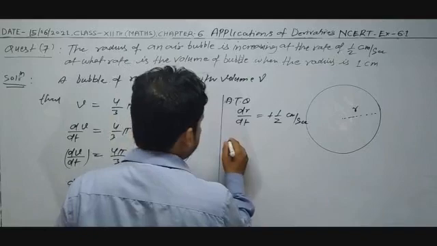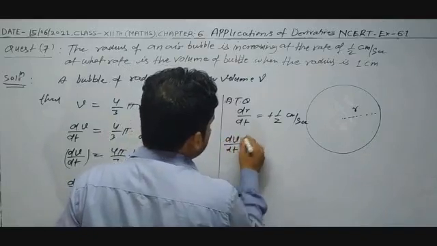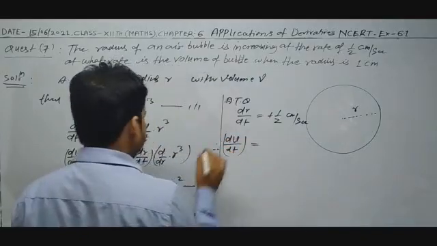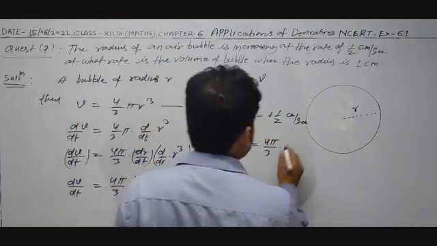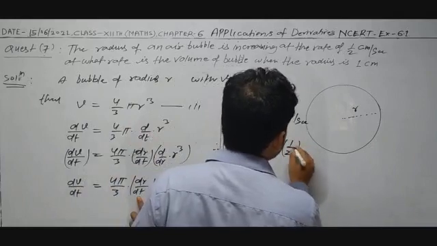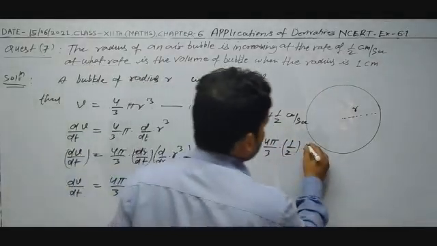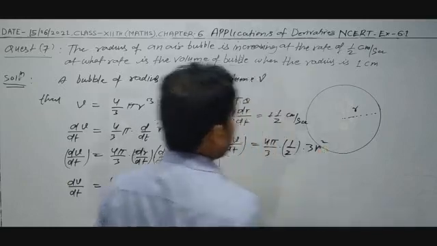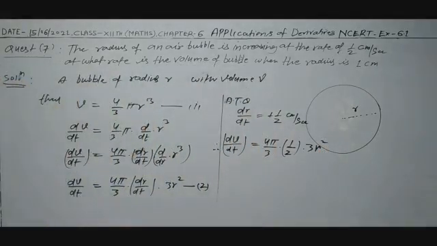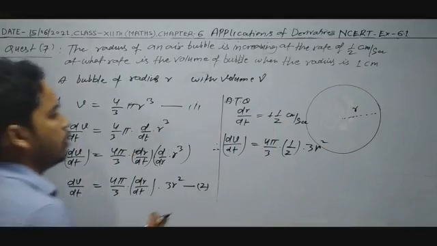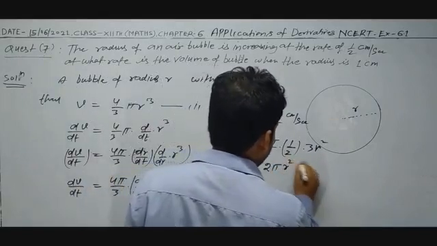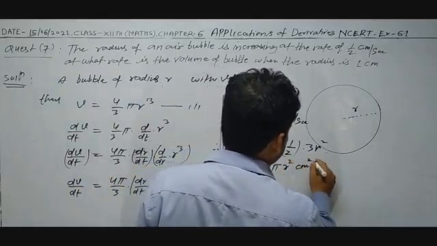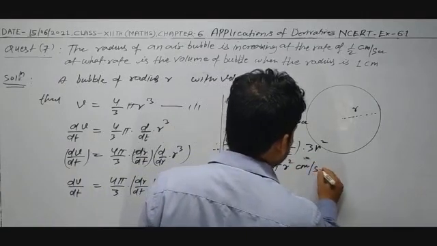So the result you will get: dV by dt is equal to 4 pi by 3 into dr upon dt, 1/2, into 3r square, and when you solve it, the 2 cancels out, and the result will be 2 pi r square centimeter per second.